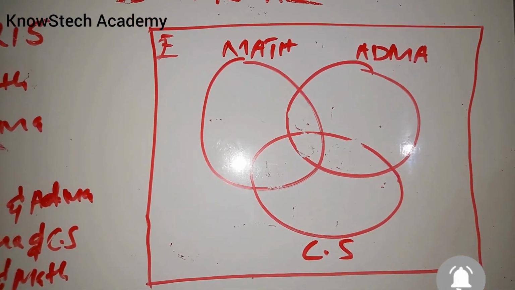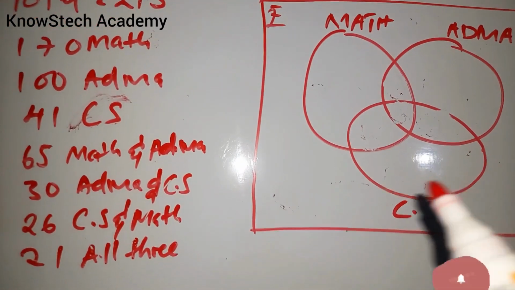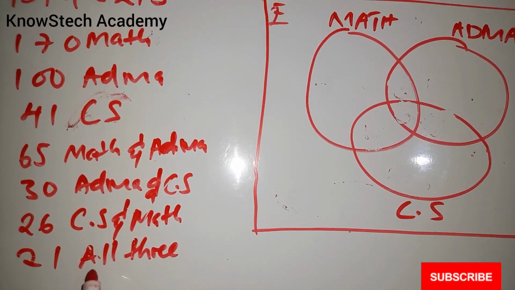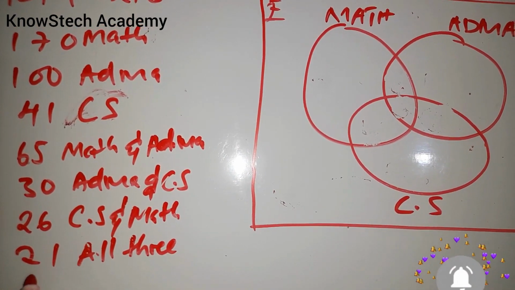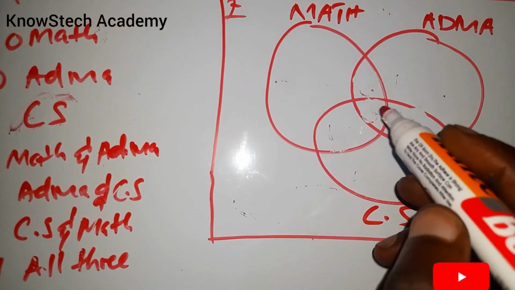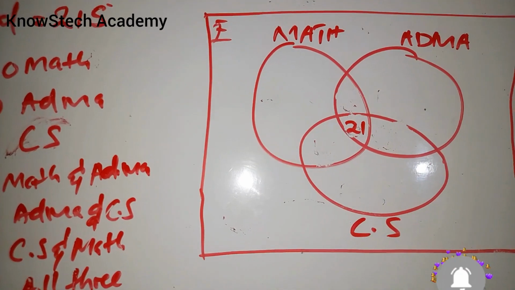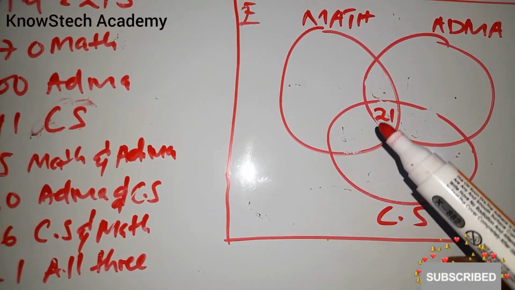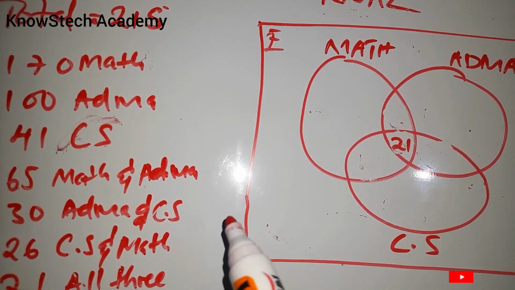Okay, so like I said, we start with the intersection of all the three sets. So we're going to start with those who taught all the three subjects, and they were 21. So you just write the 21 here. Okay, next we'll come here. So it's those who taught two subjects.